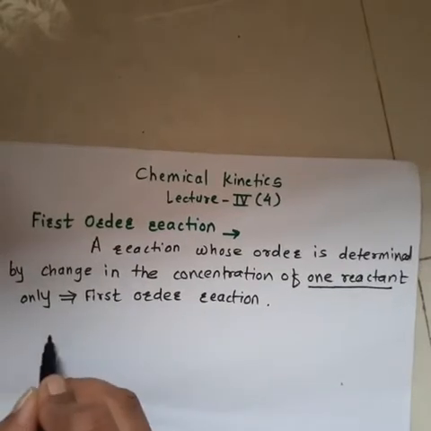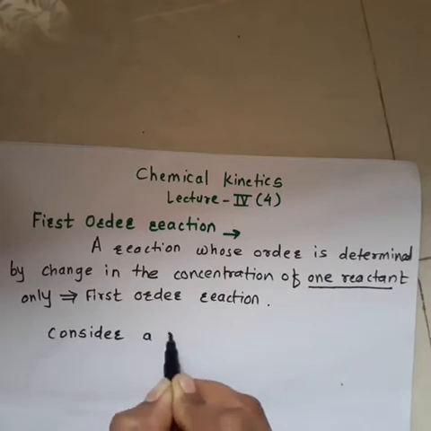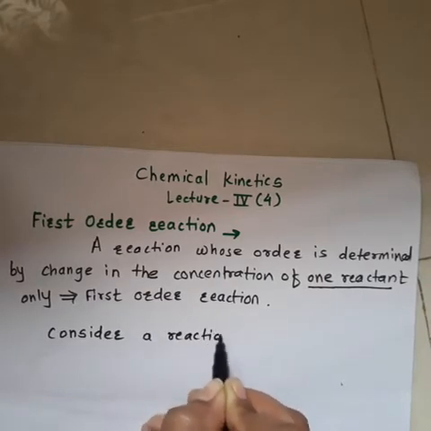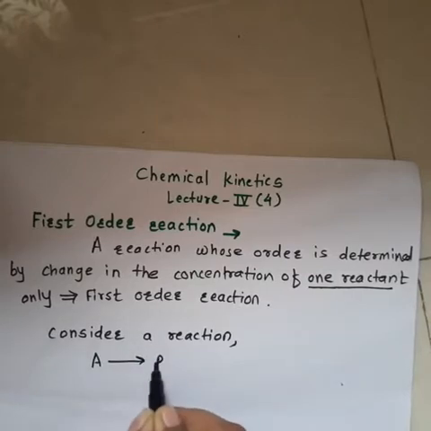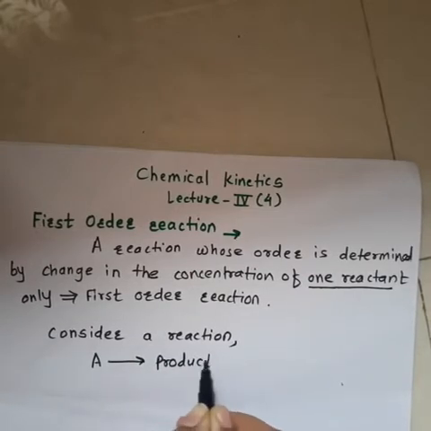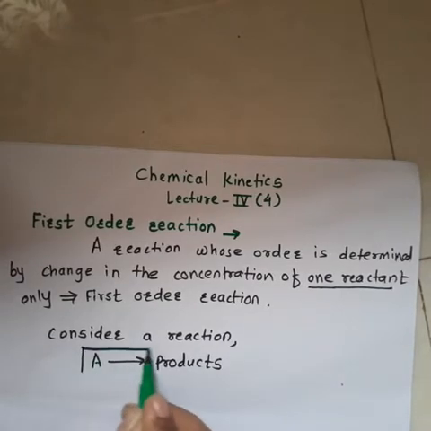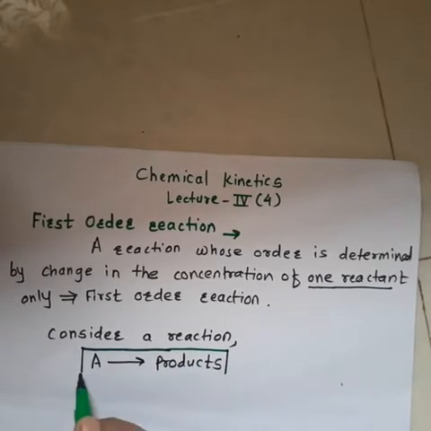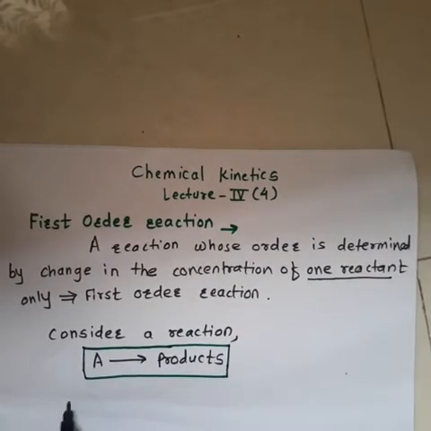So consider a reaction A gives products. How can we write the rate law of this reaction?